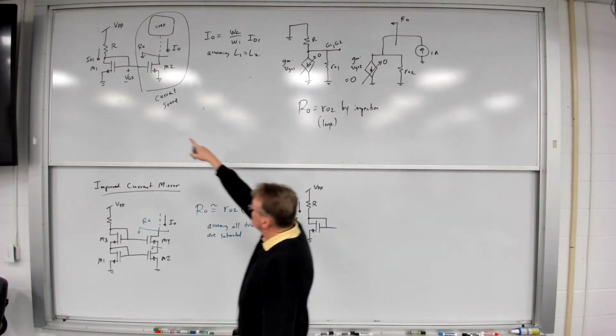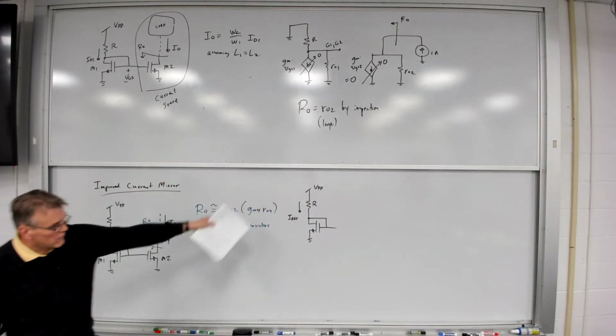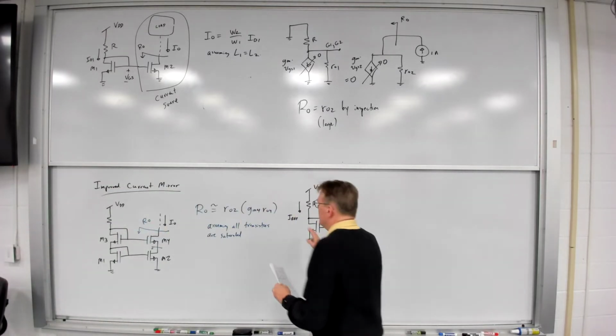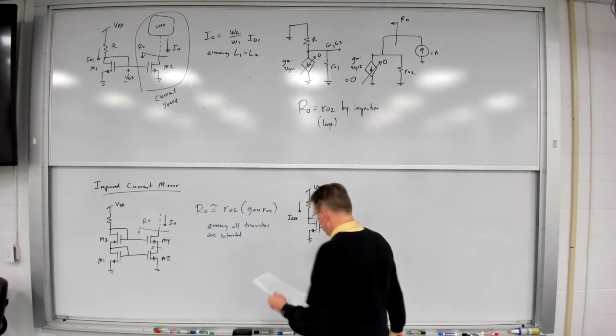Let's start with that original circuit up there, the M1 circuit. And I'm going to create a reference current. And let's say I now want to go and create multiple currents off of that same single reference string. That's easily done.